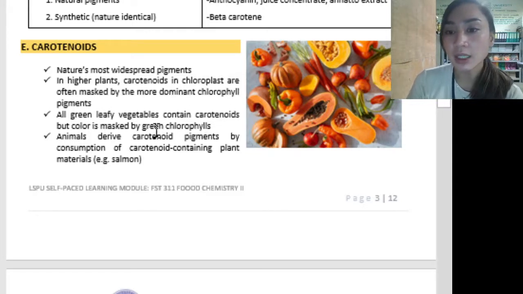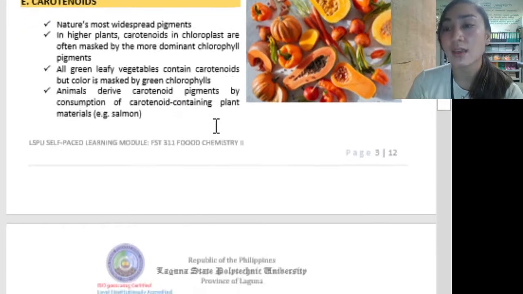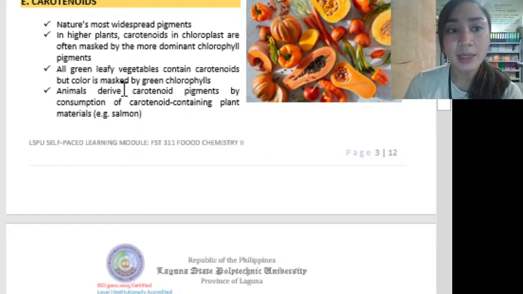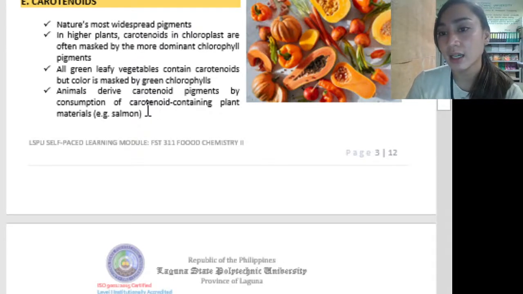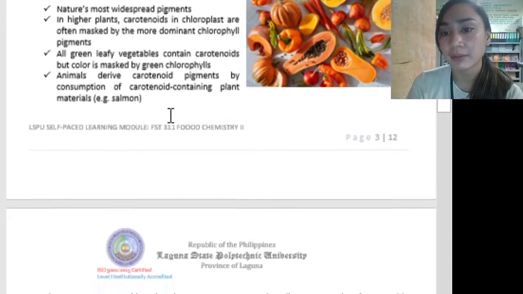This means that all green leafy vegetables contain carotenoids, however the color is masked by green chlorophyll. So even the green leafy vegetables have carotenoids. And animals derive carotenoid pigments by consumption, when they eat carotenoid-containing plant materials.